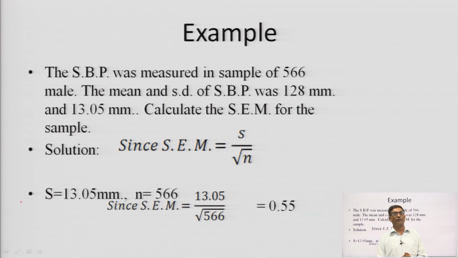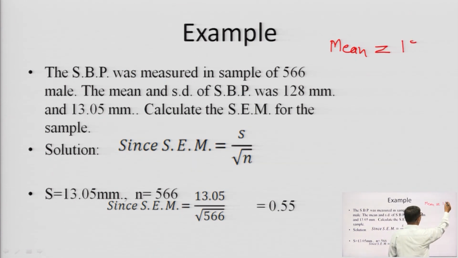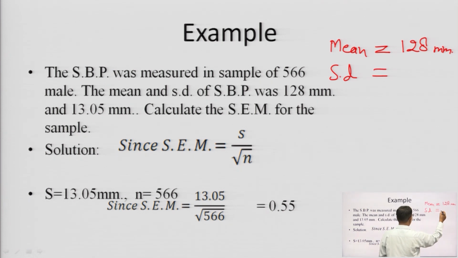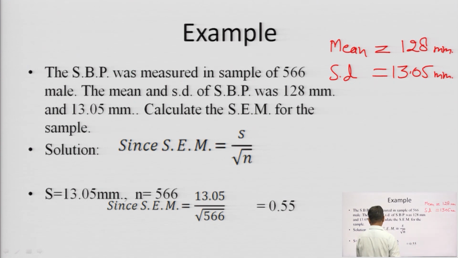Now, the solution for this: the mean is 128 millimeter of mercury, and standard deviation is 13.05 millimeter of mercury.